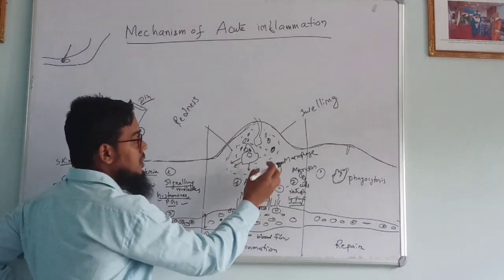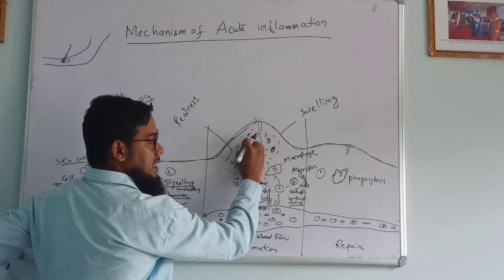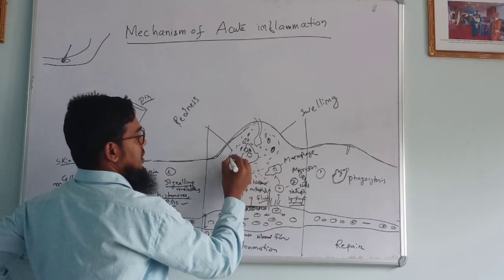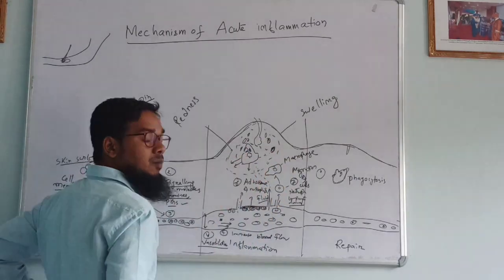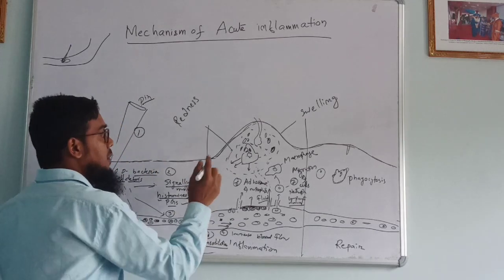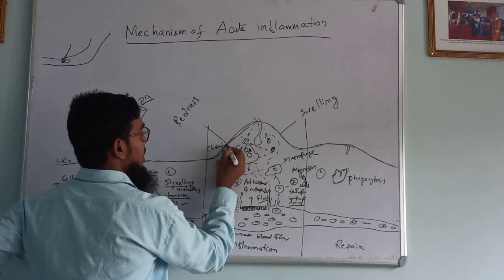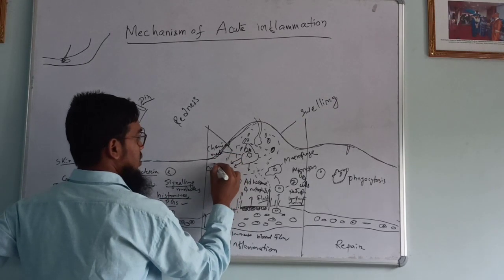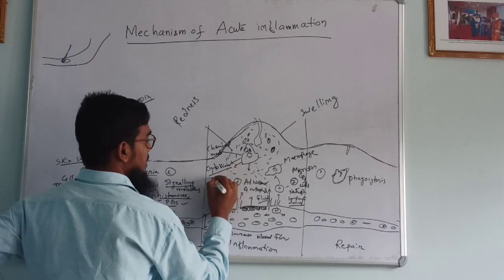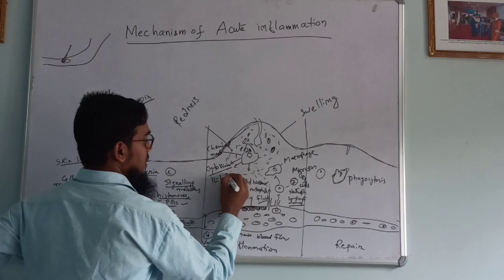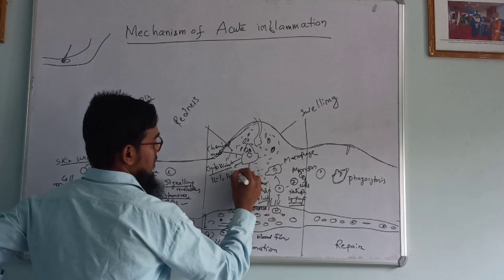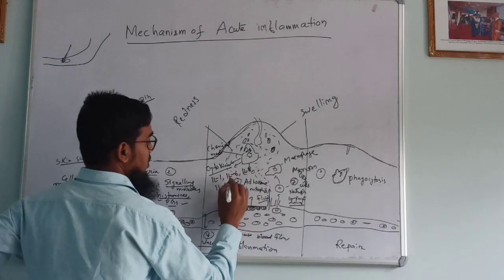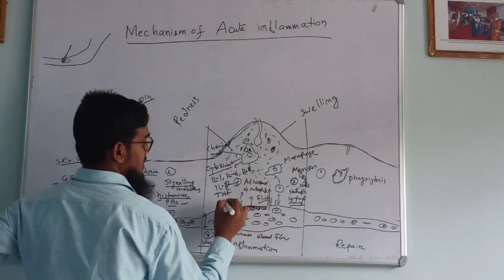So what will it do? The macrophage will engulf the bacteria and cell debris, and afterwards destroy them. At that time the macrophage will release some chemical mediators. Mainly they will release cytokines, which are called interleukin 1, interleukin 6, interleukin 8, interleukin 12, and tumor necrosis factor alpha.